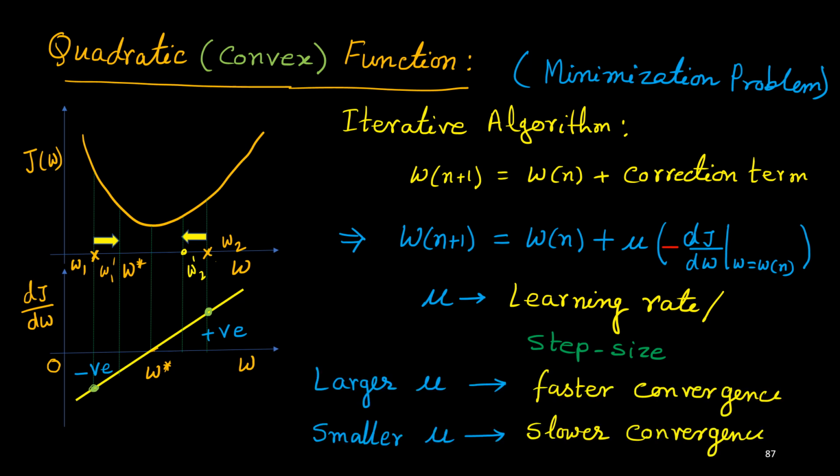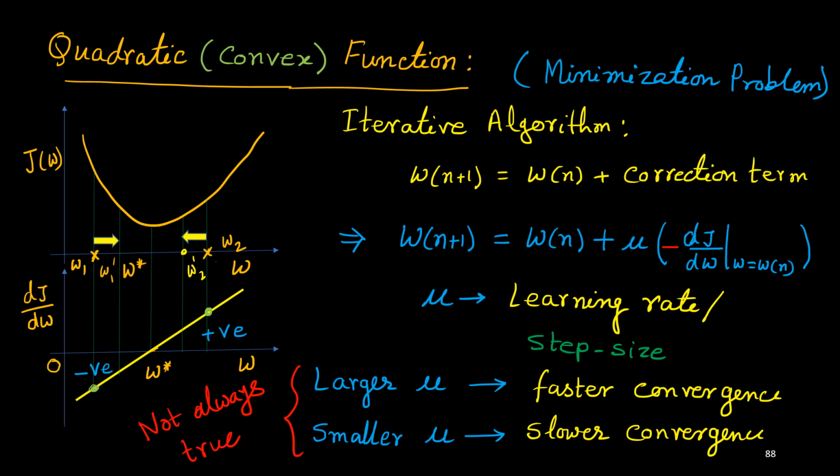So here you can see one thing. If we consider a larger mu, meaning a larger step size, then we can expect that it will converge fast. You can get faster convergence. And if we reduce the mu value, then we may get slower convergence. However, this is not always true. We cannot make mu infinity.